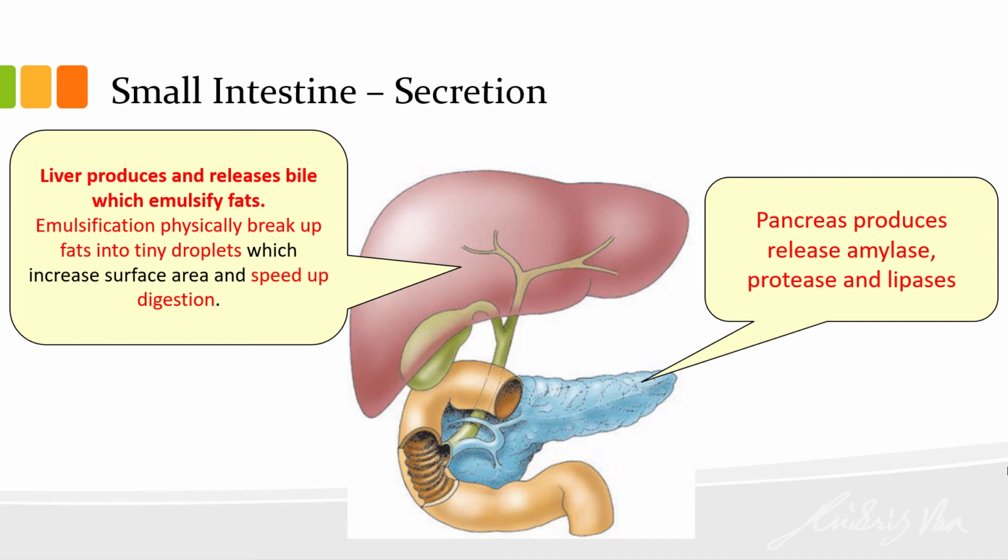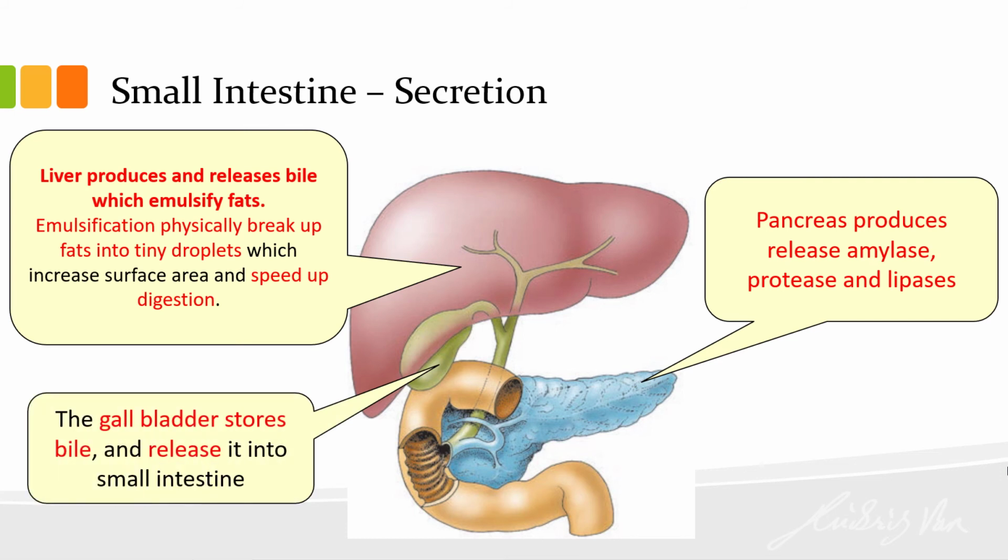The bile will be released into the gallbladder. The gallbladder will store the bile, and when food enters the small intestine from the stomach, the gallbladder will be triggered and release bile into the small intestine. So the pancreas and liver will help in the digestion of food.